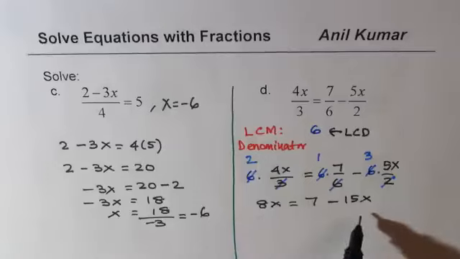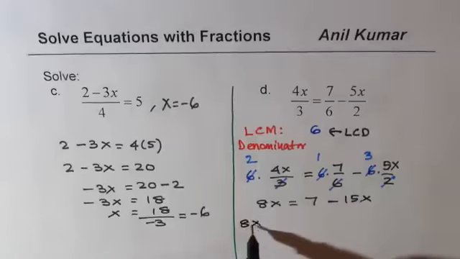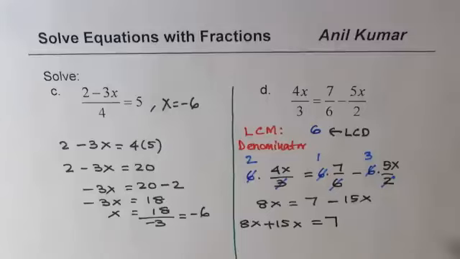And you get a linear equation. Now it is simpler to solve. Bring it to one side. So 8x plus 15x equals to 7. And when you add this, 8 plus 15 is 23. So we get 23x equals to 7. So x is equals to 7 over 23. So that becomes the solution for the given equation.